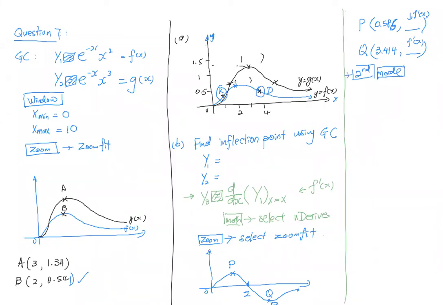After that, I go to second trace, then I call out my Y1. On my calculator screen, there will be a Y1. So I key in 0.586. Then I press enter. Everyone, are you doing that?